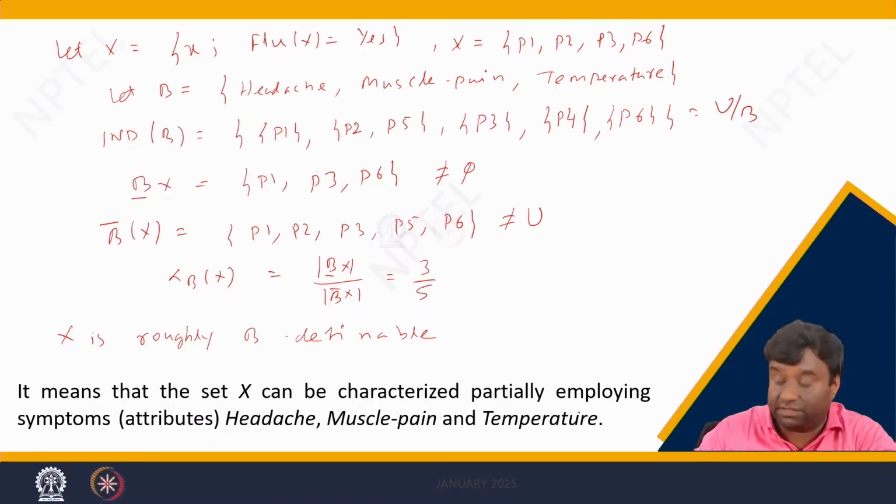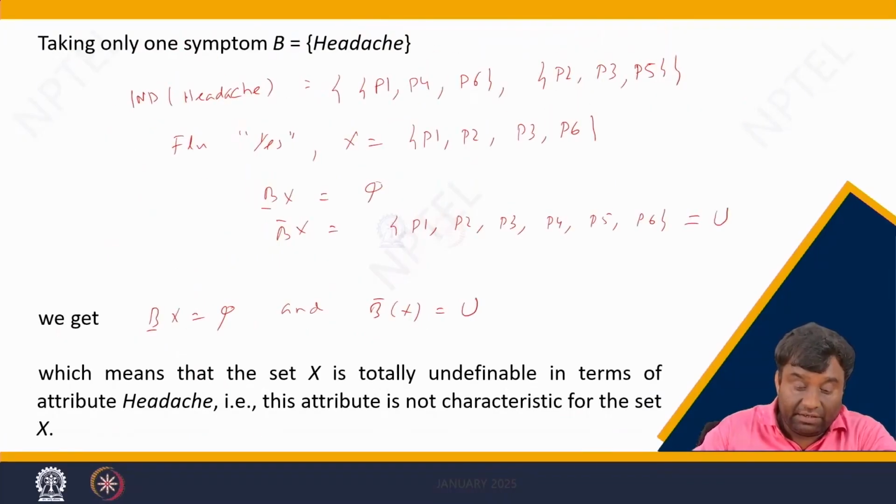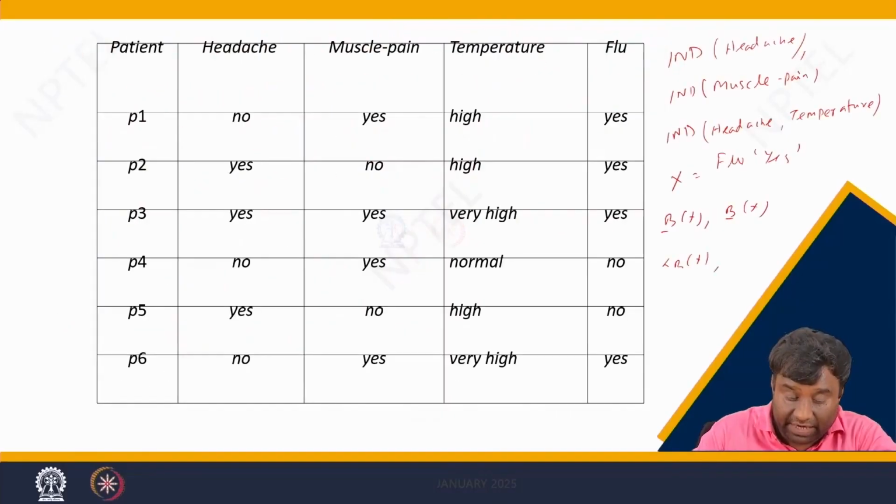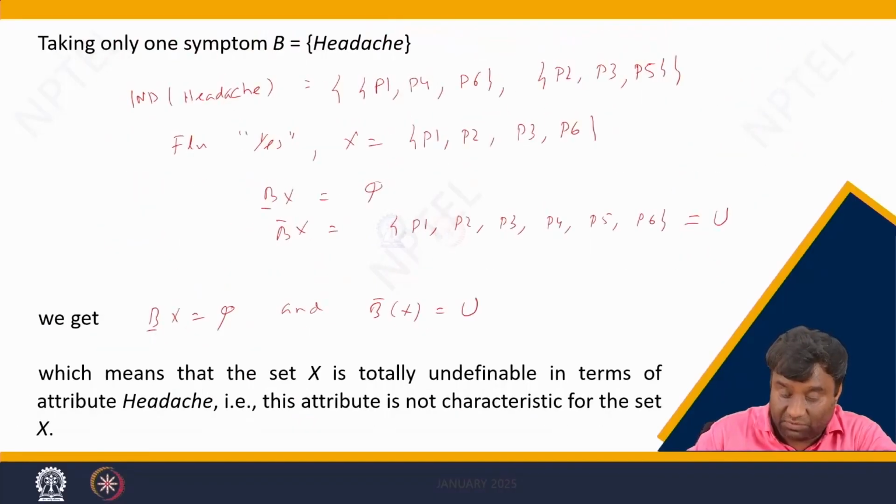Similarly, take only one symptom, that is headache. In the indiscernibility relation of headache, you get two equivalence classes: P1, P4, P6 and P2, P3, P5. And flu yes is P1, P2, P3, P6, so none of them is a subset of that.